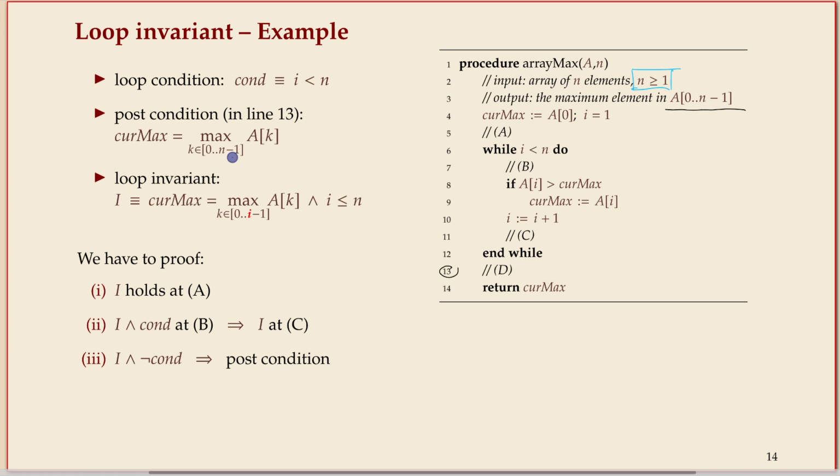I hope that's readable for you, even if you haven't seen that before. It just means let k run in this range and then pick the largest value that you get on the right. Okay, so how do we prove this?